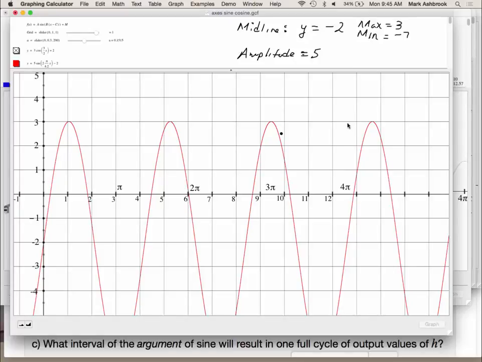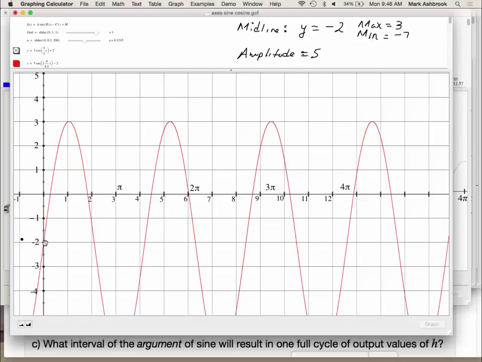Then we have to look at the period. The period is the interval of input that results in a full cycle of output. What interval of input, along our scale on the horizontal axis, gives a full cycle of output?